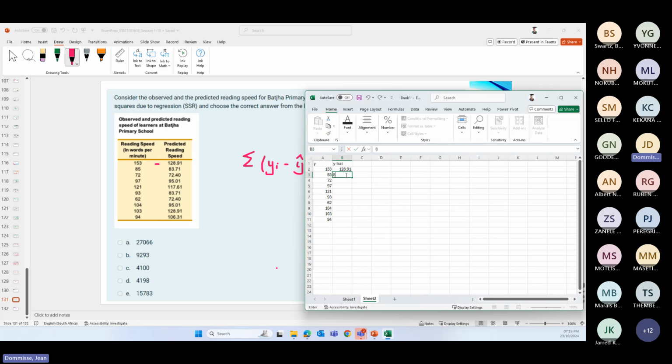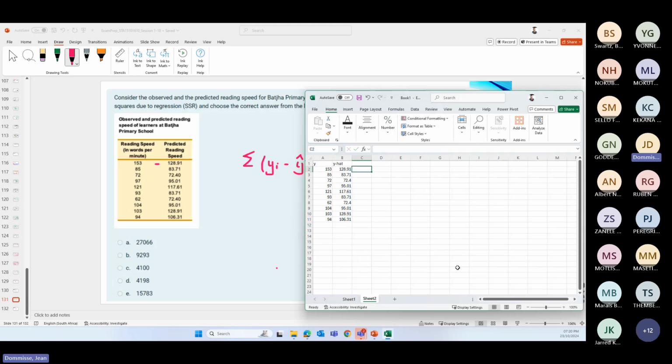Then 83.71, 72.4, 95.01, 117.61, 83.71, 72.4, 95.01, 128.91, 106.31.